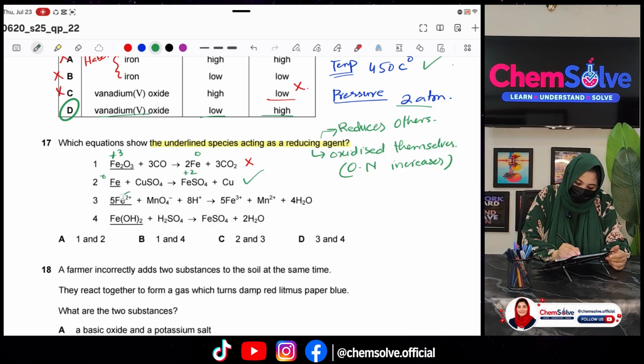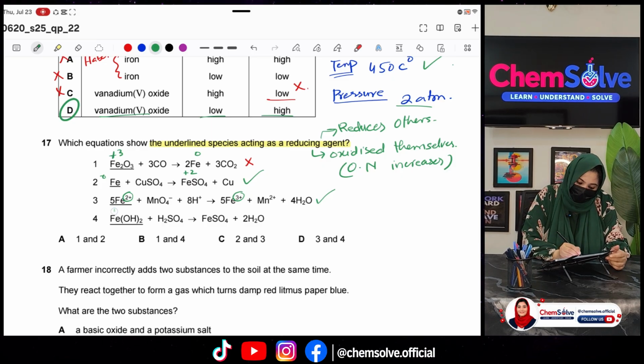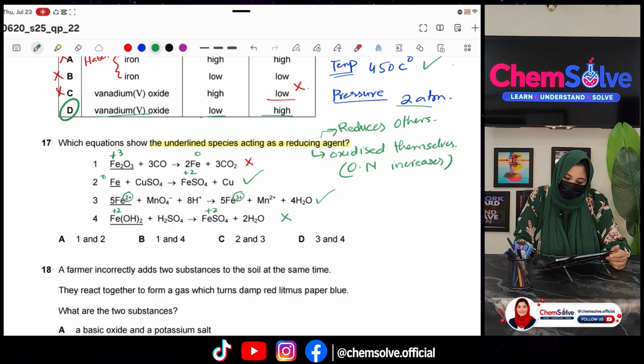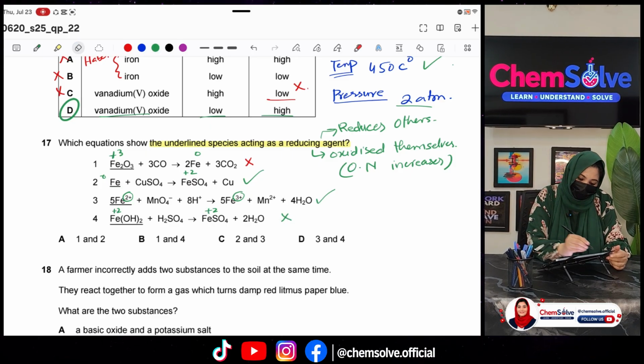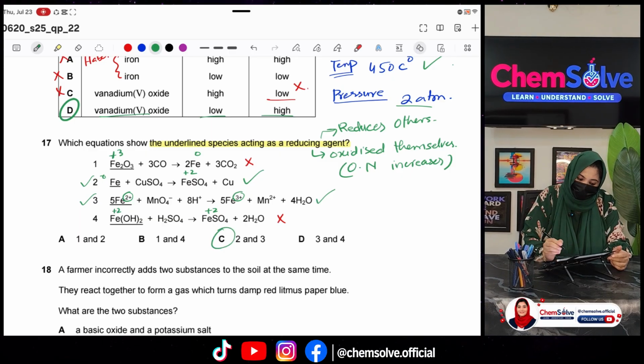Here iron is positive 2 and here it is positive 3. Again the oxidation number increases, so it seems to be correct. Here the iron is positive 2 and here it is also positive 2, no change at all. So this is not the option. So our correct options are statements 2 and 3. So that's how the correct option is option C.